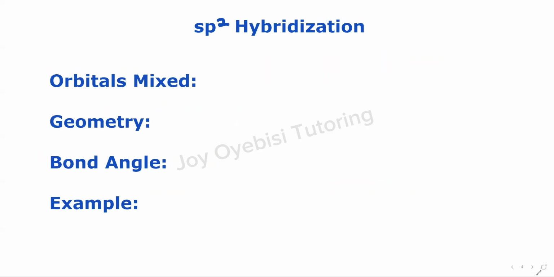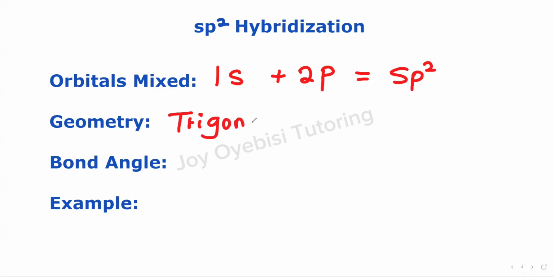The second type of hybridization is the sp2 hybridization. This is a mixture of one s orbital and two p orbitals, which leads to sp2. The molecules that usually have sp2 hybridization will have a geometry known as trigonal planar.